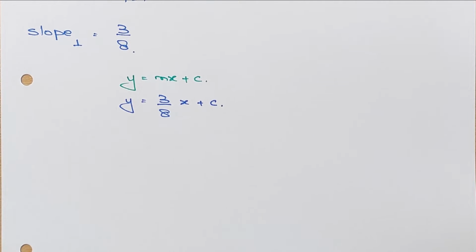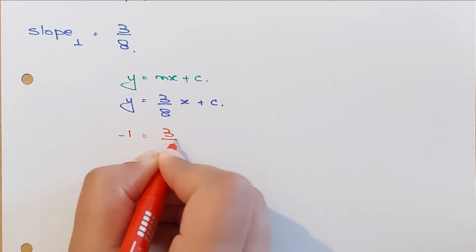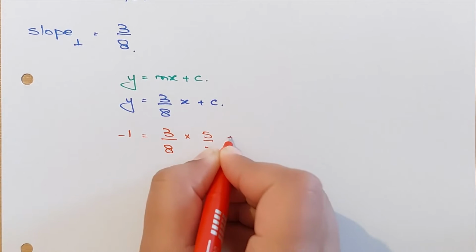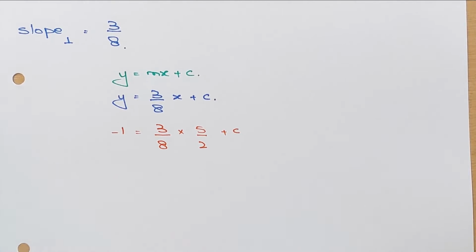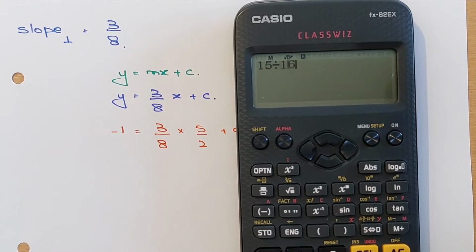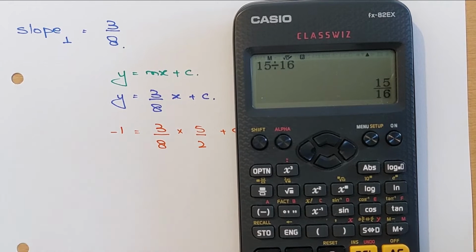So when x is 5 by 2, y equals to minus 1. This is 3 over 8 times 5 over 2 plus c. Let me solve for c. 3 times 5 is 15, divides 2 times 8 is 16. 15 divides 16, and shifting over here, so we can say that times by minus 1.